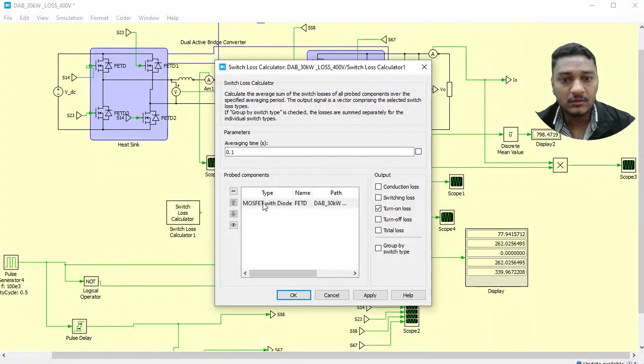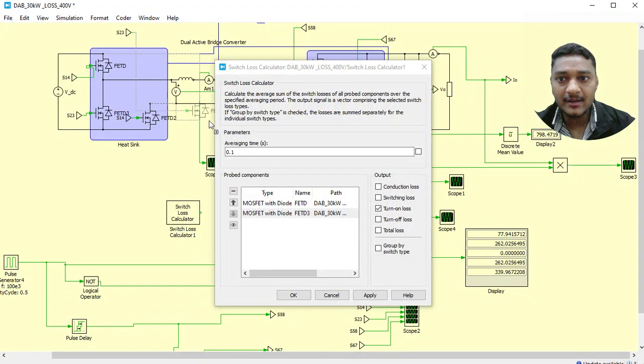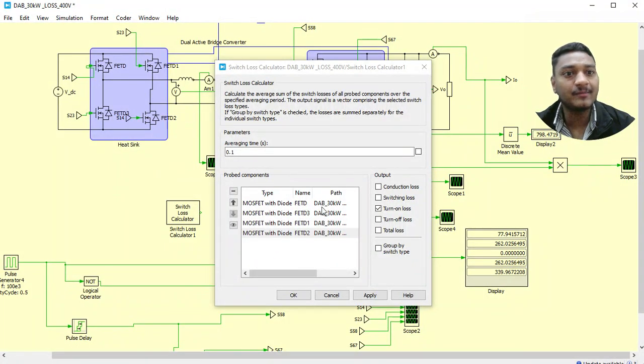Now if I want another device, I will just take this and add it here. So this is my other device. Then I add a third device, and a fourth device. So these are the four devices I added. It will give the total of all four MOSFETs.